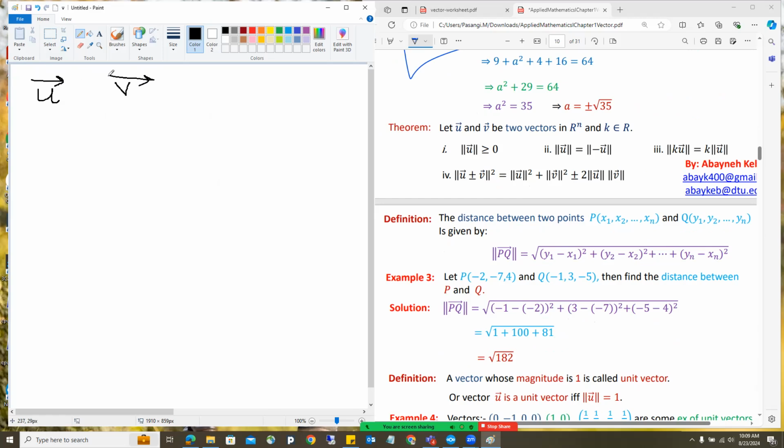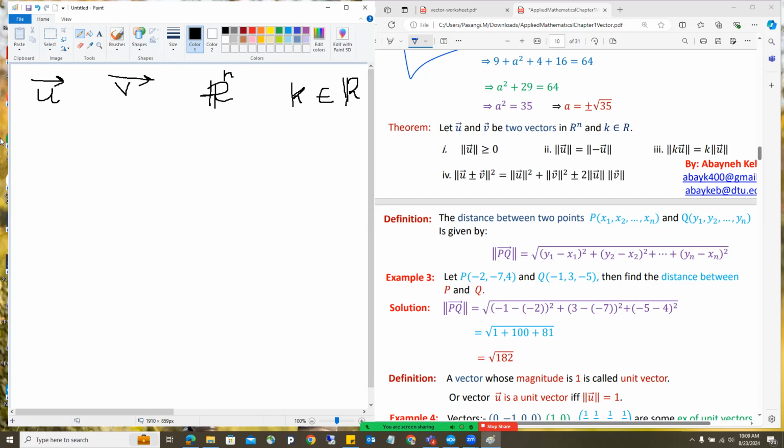Both these vectors are in the R to the power of n space. That means we have to define these vectors with n number of components. And also there's a constant called k. So k is in real numbers.